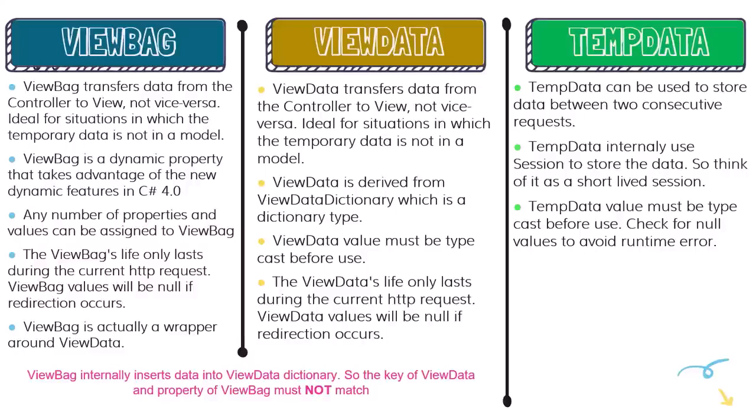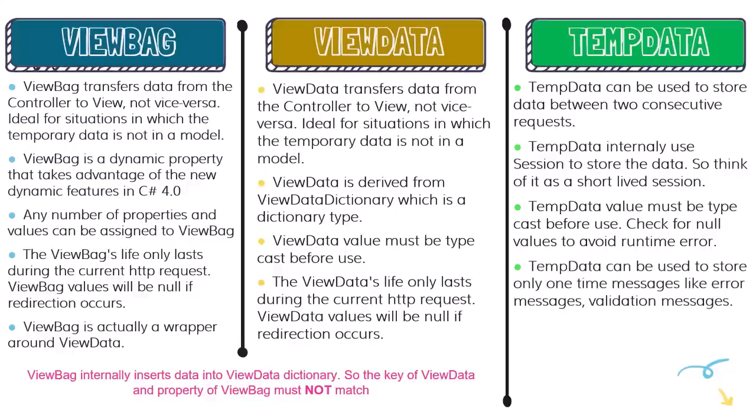Now temp data value must also be typecast before use, so check for null values to avoid any runtime errors. Finally, as you already know, temp data can be used to store only one-time message like error messages or validation message, and if you refresh the page after that, it will go away. So that gives you a brief idea on all the differences between view bag, view data, and temp data.